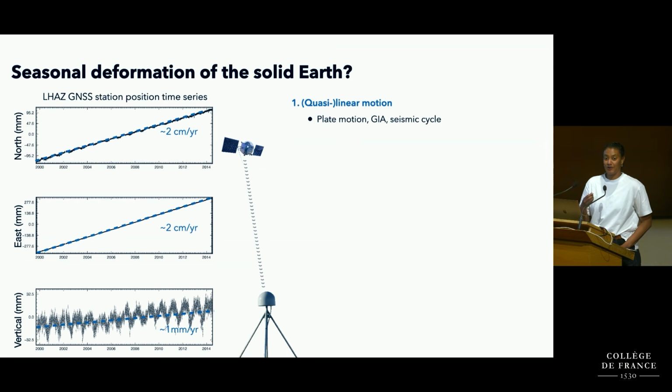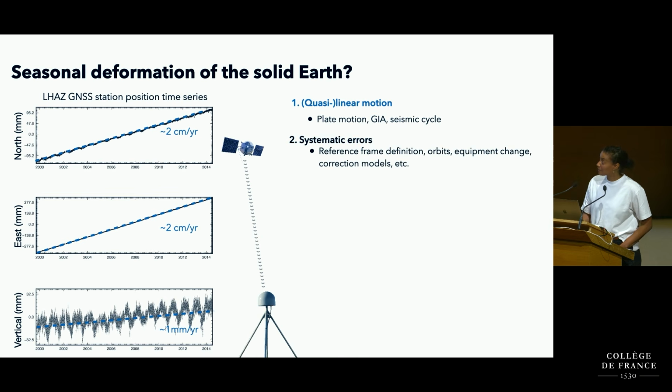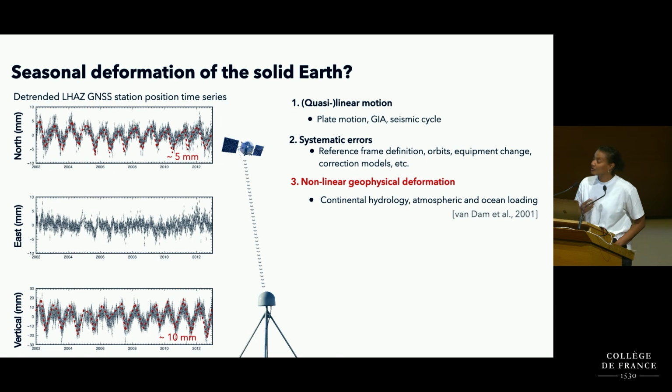So I'm going to take this as my noise and your signal, maybe, but remove it and look at what is left. And in what is left, we can see that we have some nonlinear motions that are recorded of about a few millimeters in amplitude for the horizontal component and a few centimeters for the vertical component.